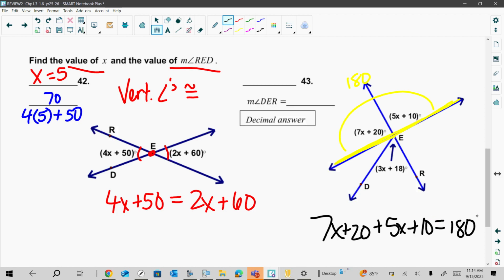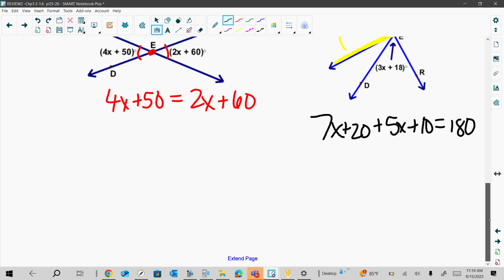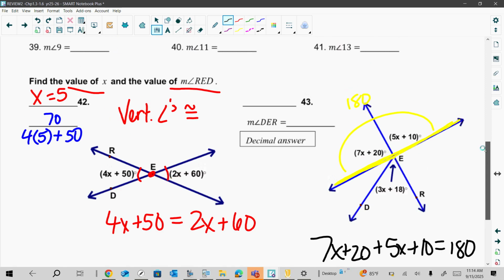It does say there is a decimal answer for this. Wouldn't it be complementary as a box? It doesn't have a box. There's no box on the diagram. So you can't assume that. They have to give you the box.